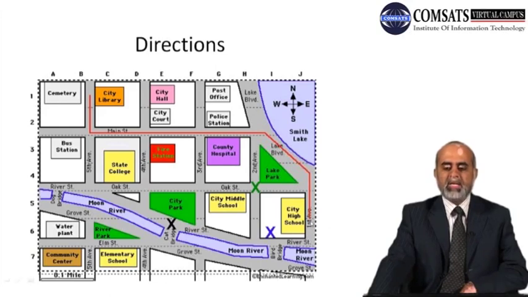You can respond by saying, go north into First Avenue, turn left into Lake Boulevard, take your first left into Main Street, go past the first intersection, go past the second intersection, turn right from the third intersection, walk a little or drive a little, and you'll find City Library on your right opposite the cemetery.